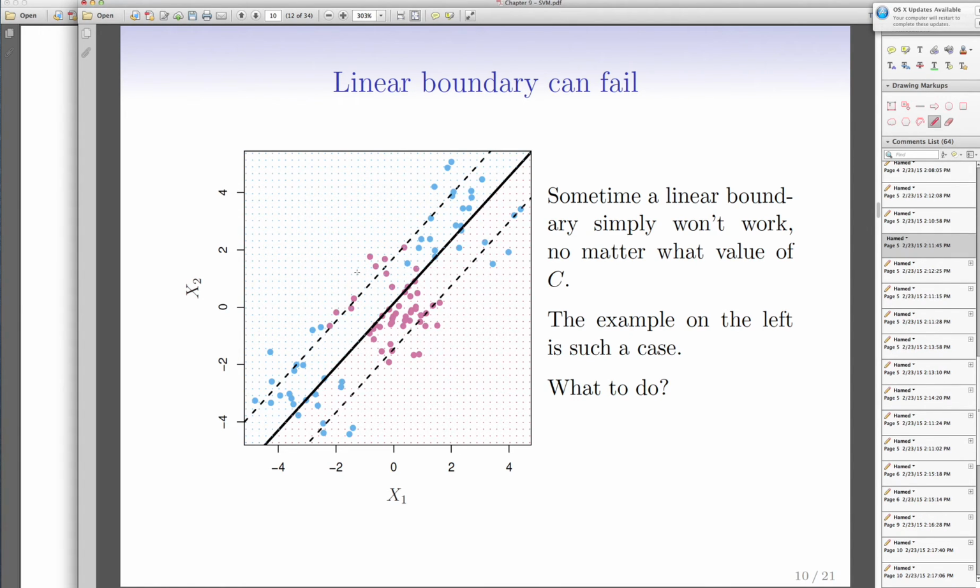The purple one is right in the middle, and these are the blue ones. There is no affine function that can separate these two. It looks like a classification like this is the best one that we can get, which separates these two classes perfectly. But unfortunately, no linear classification will work on that.